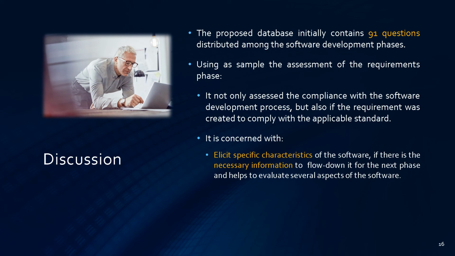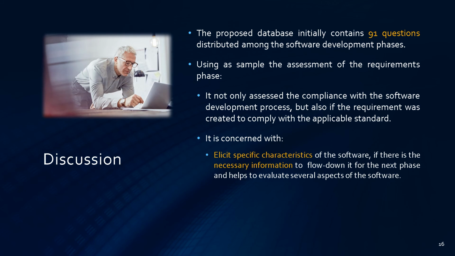The initial version of the proposed question database contained 91 questions distributed among all software development activities. For example, to assess a requirements phase, it is important to evaluate if the software process was followed during the requirements creation, and if the requirements comply with applicable standards.